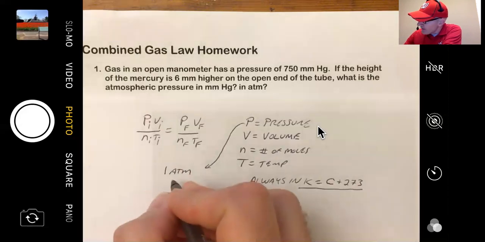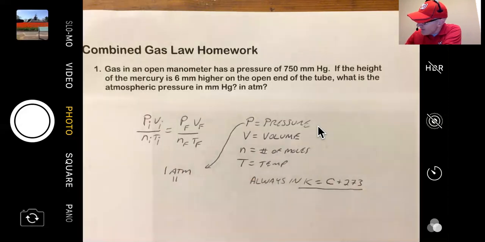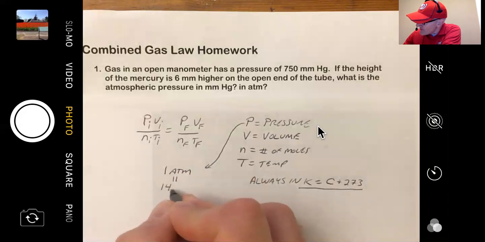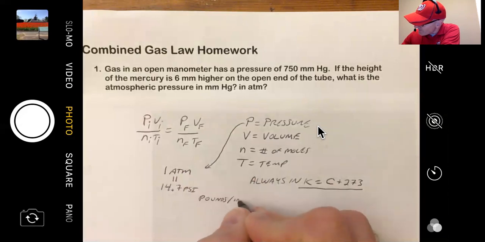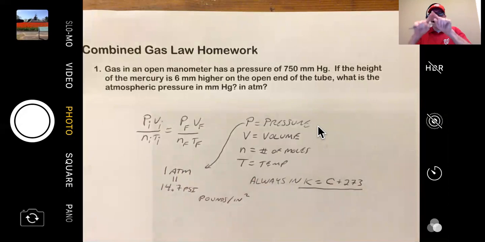Now, 1 atmosphere is exactly the same as 14.7 PSI. That's pounds per square inch. That means that if I were to look at 1 square inch of surface area, there would be 14.7 pounds worth of push from all of the atmosphere above that particular space.